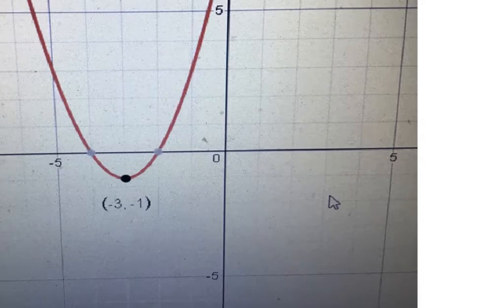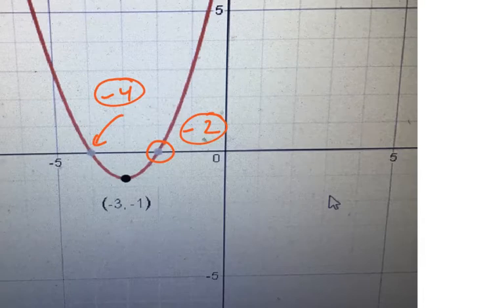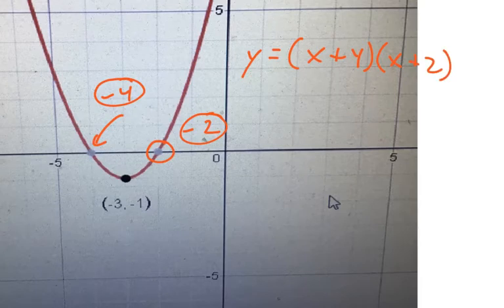Let's just do one more where we derive the equation. Right there, I know my 0 is at negative 2. Right there, I know my 0 is at negative 4. Therefore, my equation for this graph has to be of the form (x plus 4)(x plus 2). Why? Because negative 4 plus 4 is 0.